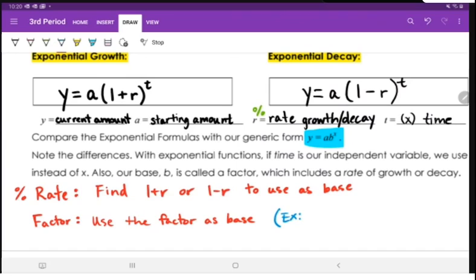So if we were going to redo the Cooper problem, I'm going to write it a slightly different way that would use a factor instead of a base.